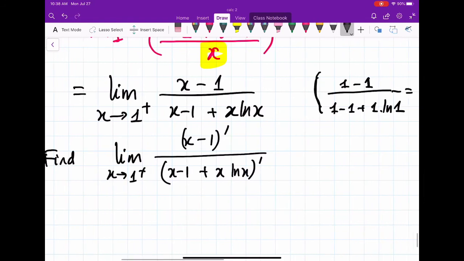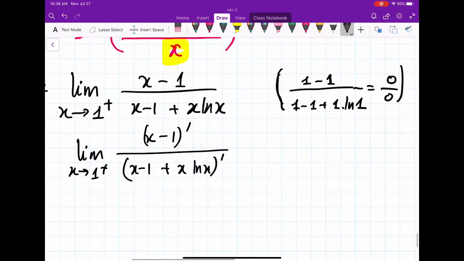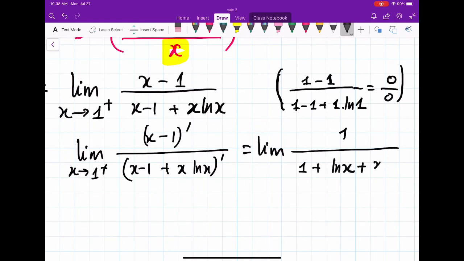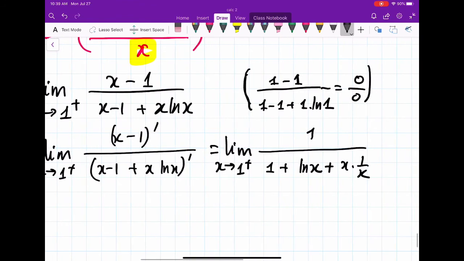You see, we need to differentiate one more time, right? And you get on the top just 1. In here you have 1 plus x derivative is 1. I have ln of x, and then plus x times 1 over x, right?